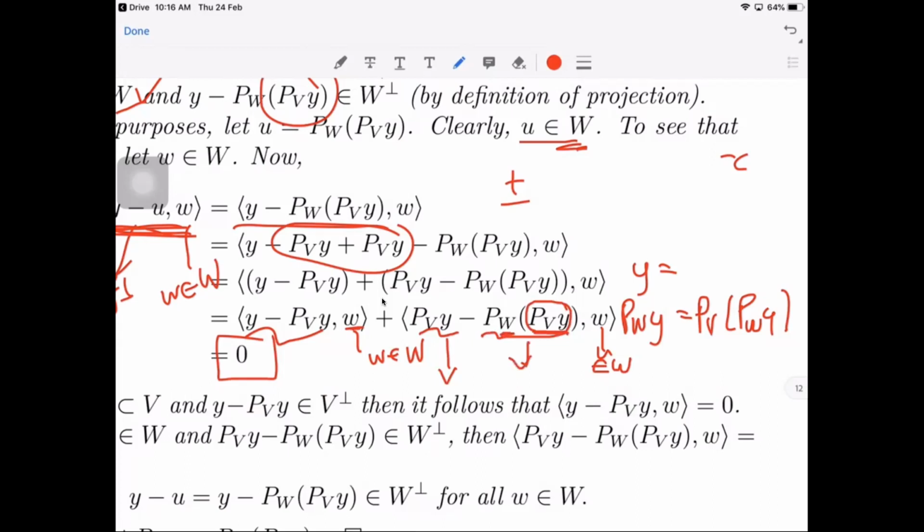Asa ni siya? Nani siya sa w. So any vector in V minus its projection. Asa na ni siya na vector?